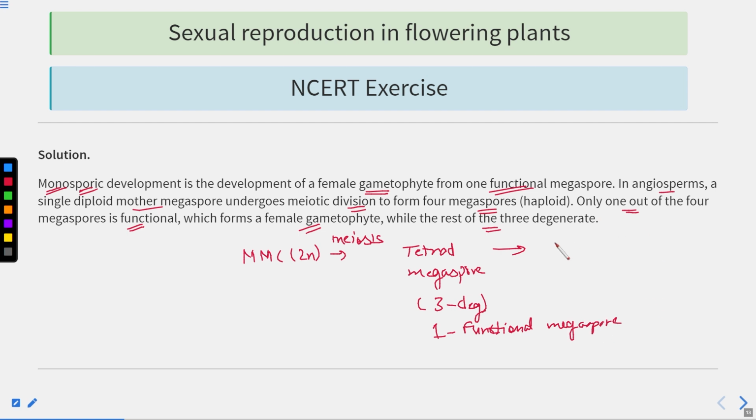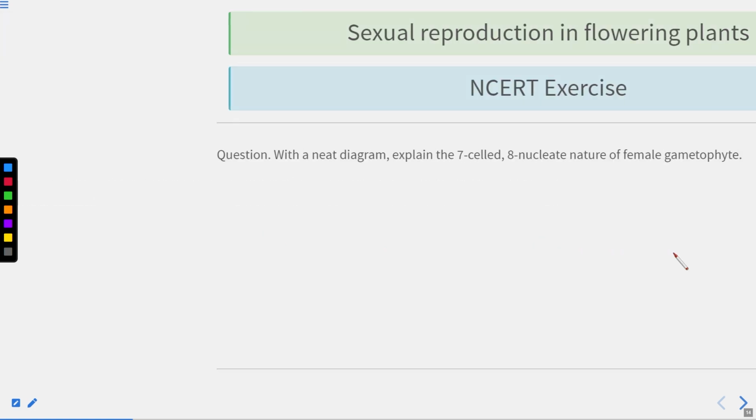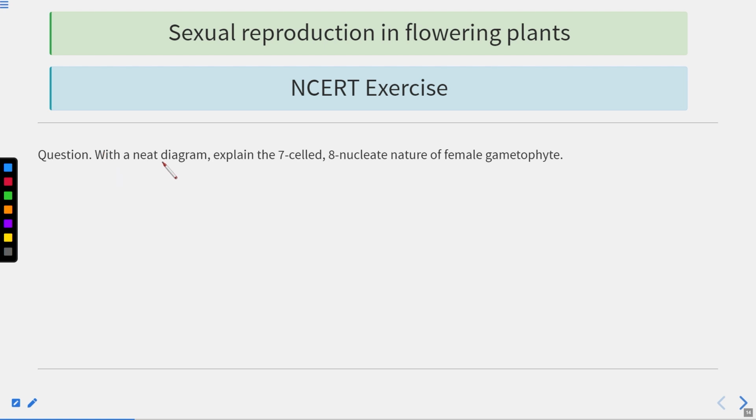This will give rise to the embryo sac by undergoing mitotic division. Clear?